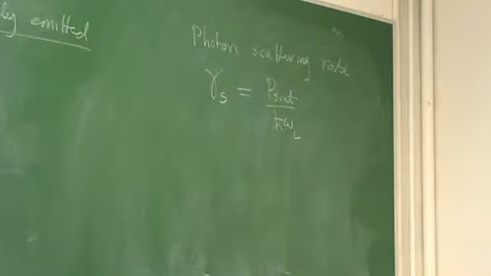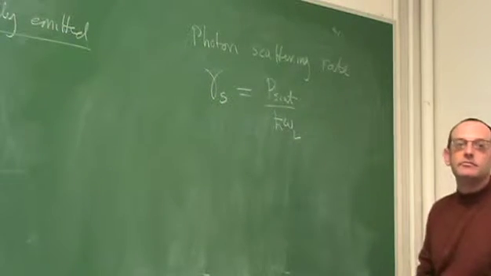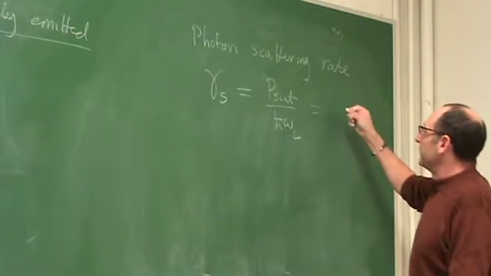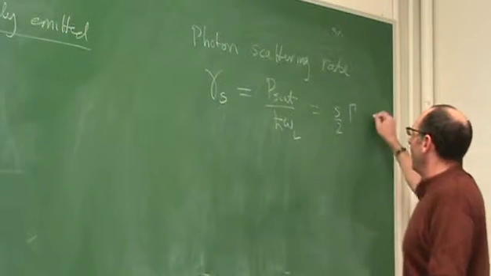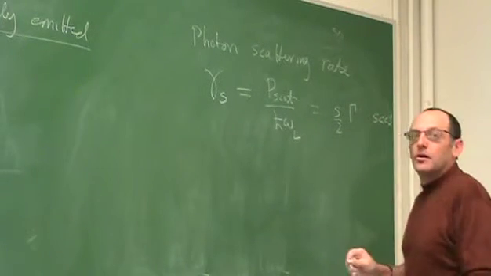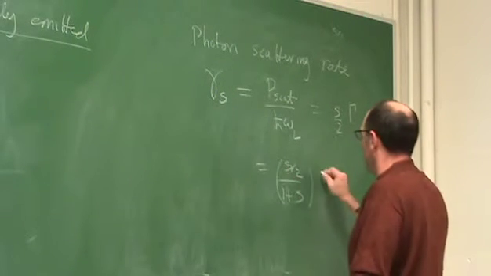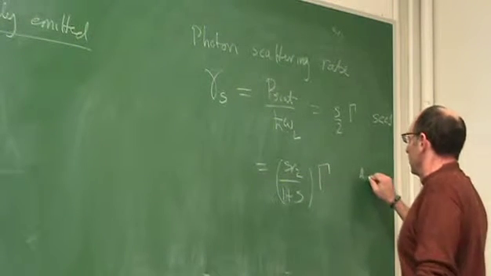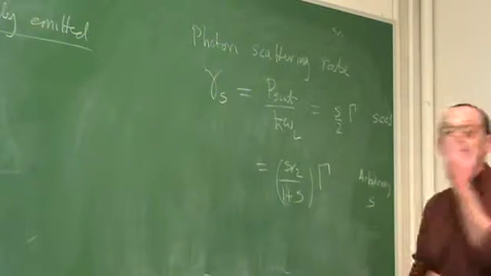That's the rate at which photons are scattered. The scattered power is h bar omega times the rate of scattering. And that is given by, in this case, s over 2 gamma for s much, much less than 1. Or more generally, it's s over 2, 1 plus s, times gamma for arbitrary s. Yes.